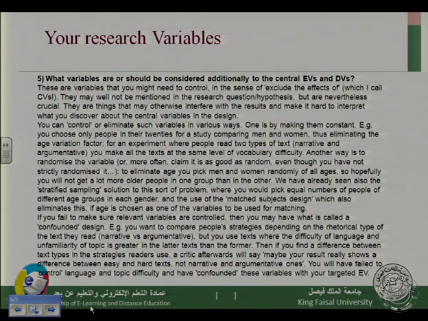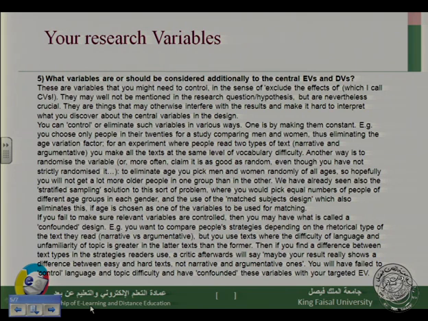What variables are or should be considered additionally to the central EVs and DVs, explaining variables and dependent variables? These are variables that you might need to control, in the sense of excluding the effects of, which I call CVs.